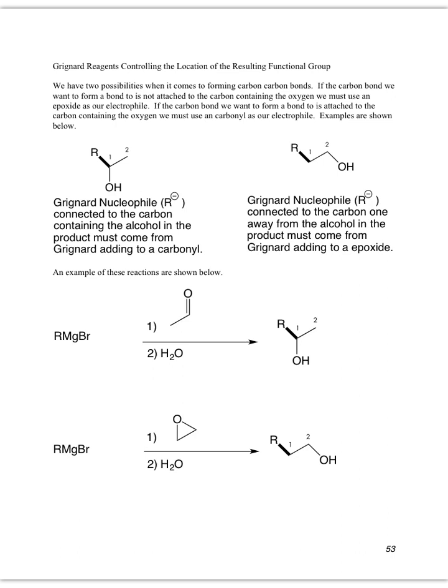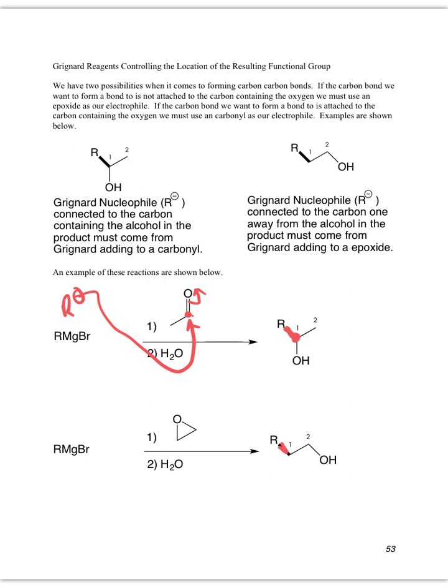So the Grignard R minus, if it adds to a carbonyl, the bond we're forming is bonded to the carbon that has the oxygen on it. That's the bond we form in the Grignard reaction when it's connected to the carbon that has the alcohol on it. We had to add that to a carbonyl of some sort.